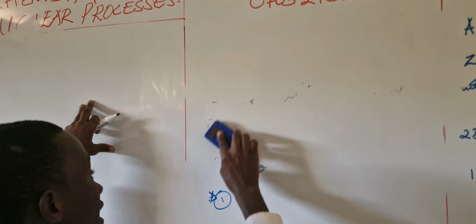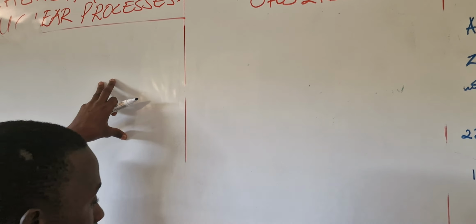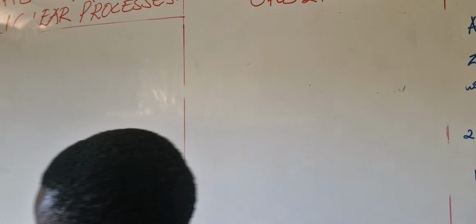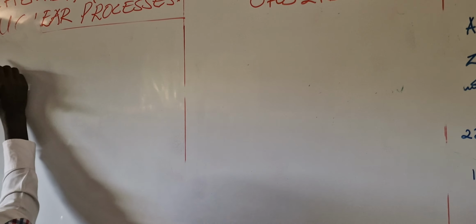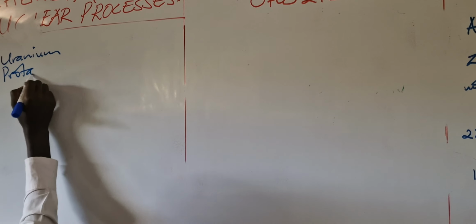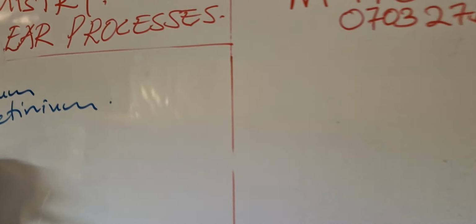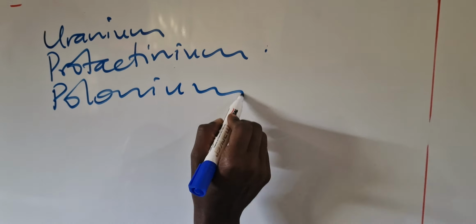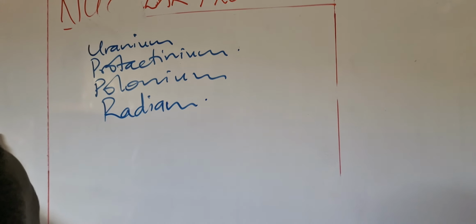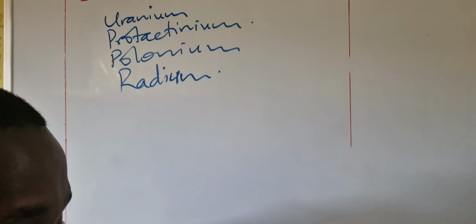We can talk of plutonium, and we can talk of polonium. All of these are some of the radioactive elements. They have very unstable, very heavy nuclei.